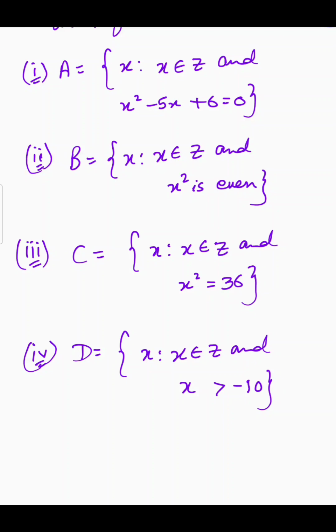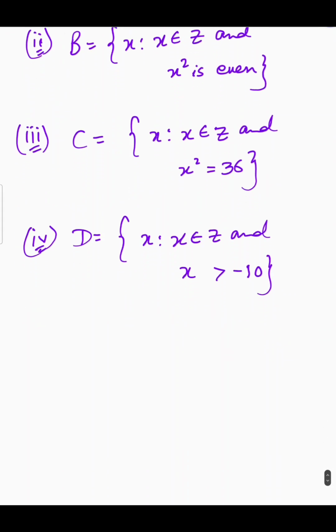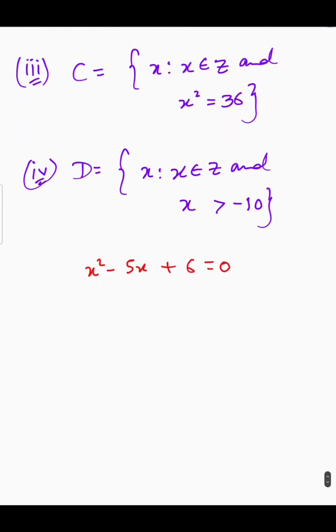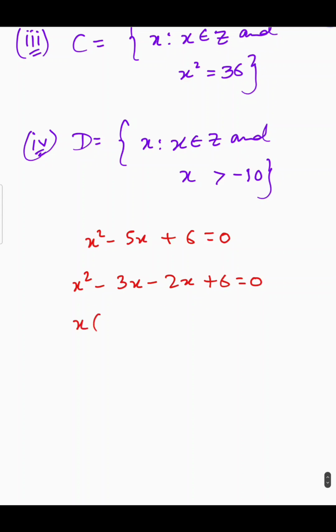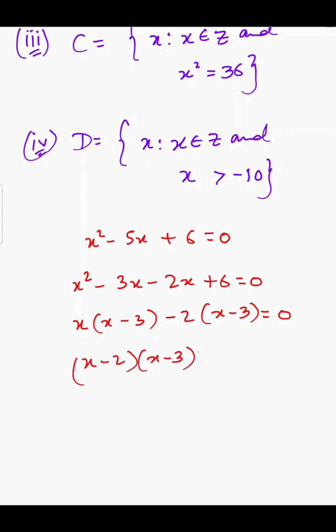So here again an equation. Let's try to solve the equation. x squared minus 5x plus 6 is equal to 0. So x squared minus 3x minus 2x plus 6 is equal to 0. x(x minus 3) minus 2(x minus 3) is equal to 0. (x minus 2)(x minus 3) is equal to 0.